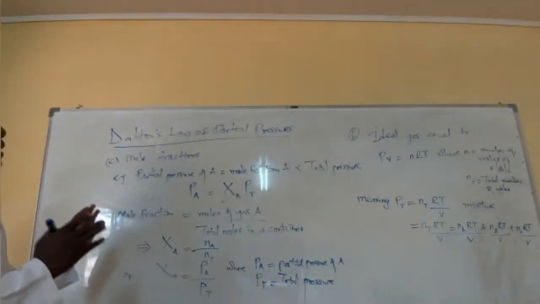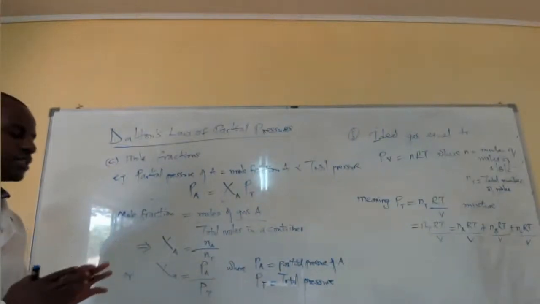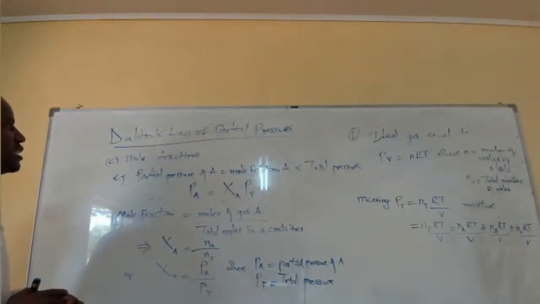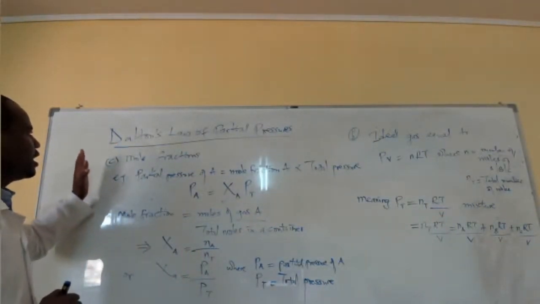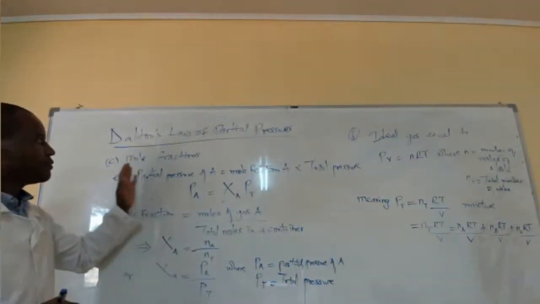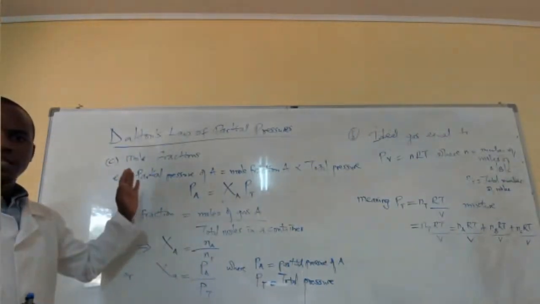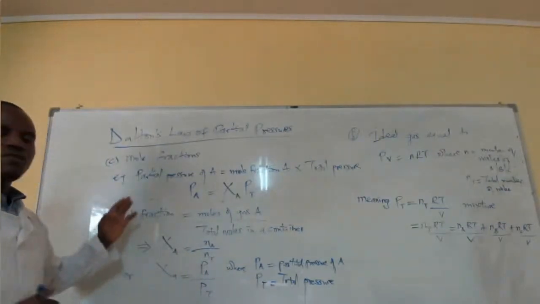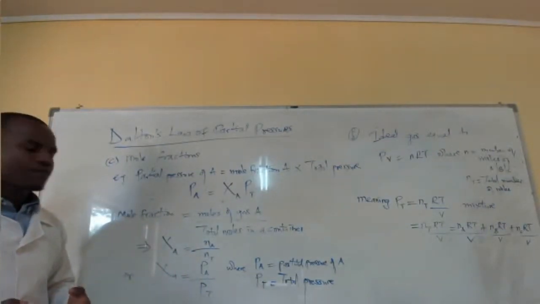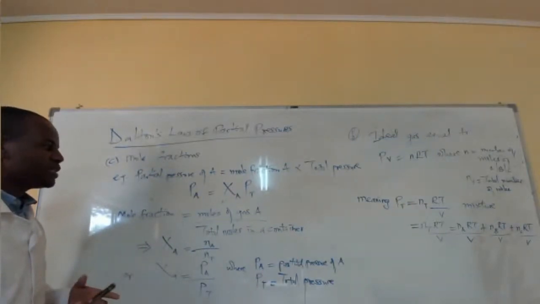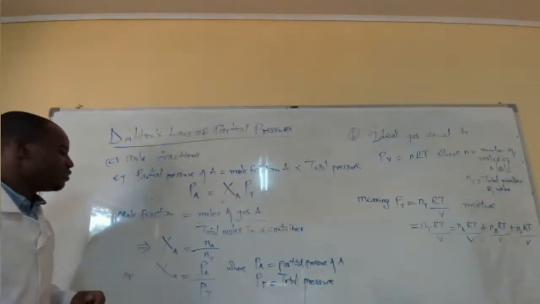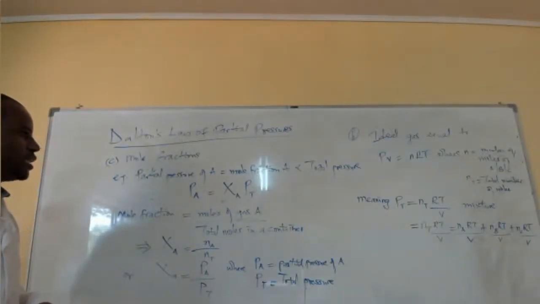So there are three ways in which you can calculate the partial pressures of gases. One is to use the total pressure, which is the sum of the partial pressures of the gases in the mixture. The total pressure is equal to the partial pressure of gas A plus the partial pressures of the other gases.